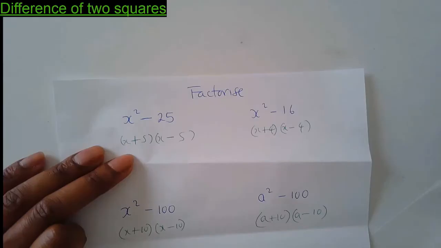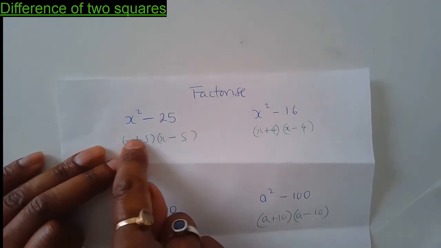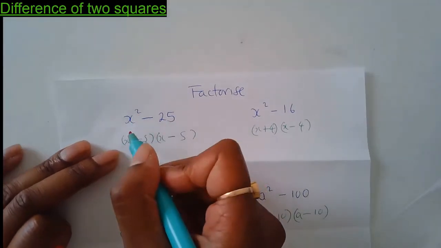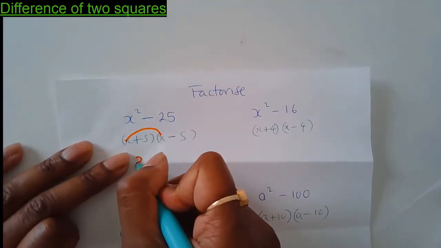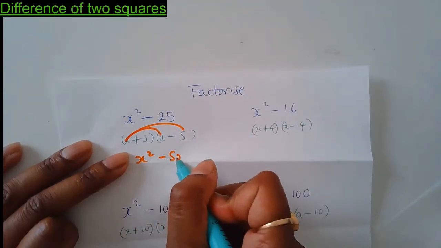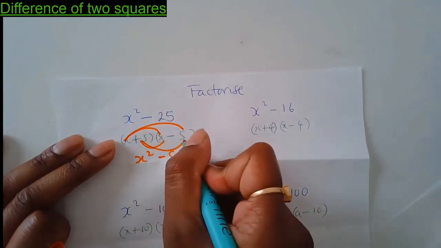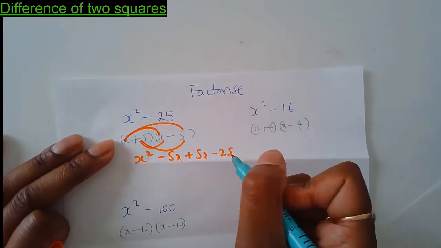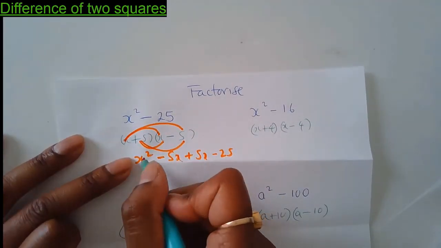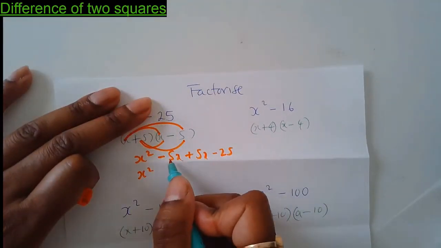Done. I just want to convince you that this works. I'm going to expand this and I want to show you that when I expand it, I'll get back to that. So watch. Collecting like terms, you've got x squared minus 5x plus 5x minus 5 plus 5.